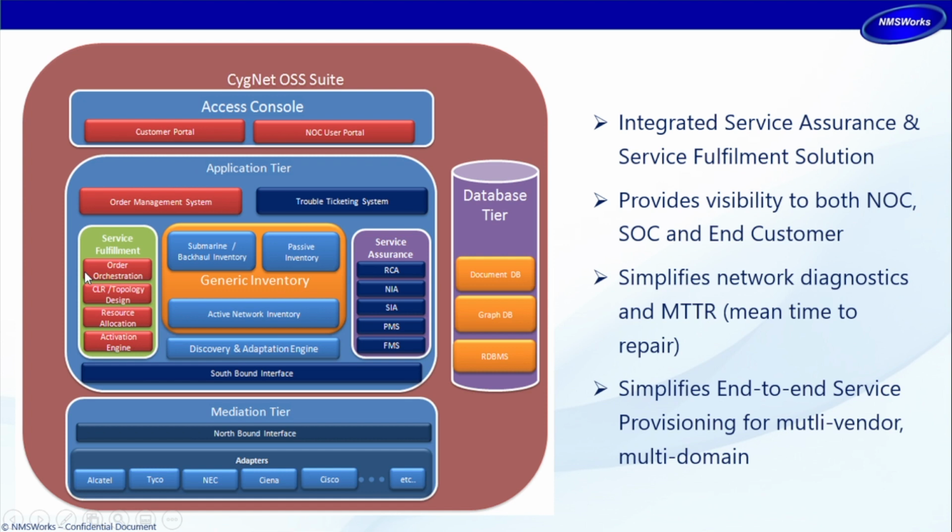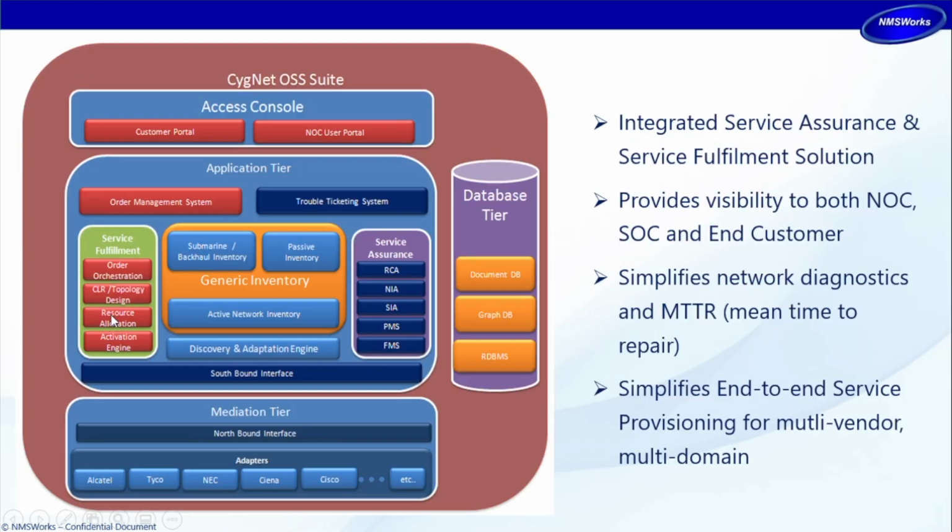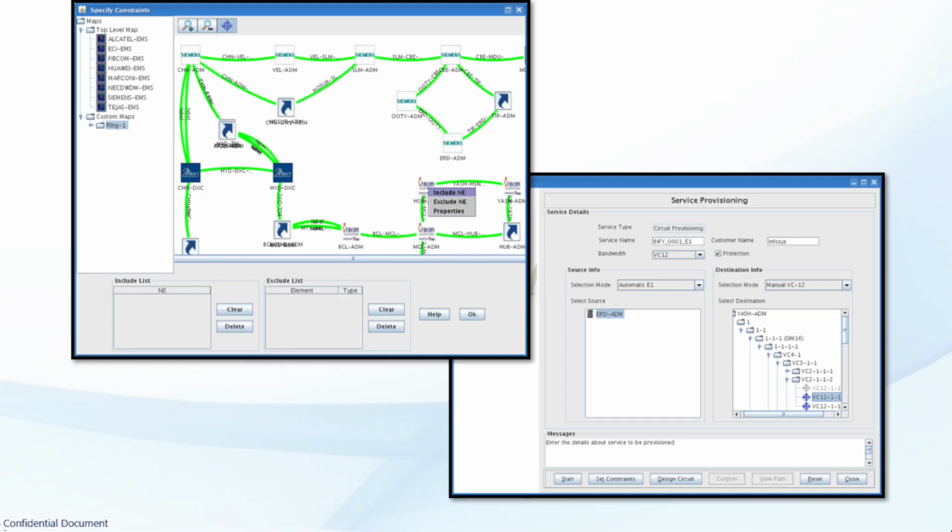The service fulfillment stack contains various functionalities like order orchestration, which takes care of orchestrating the order across various domains, dividing the order into multiple domains for a service that traverses across multiple domains and technologies. The CLR or topology design module provides the path computation functionality for computing the path within each of those domains, and the resource allocation engine takes care of allocating the resources and reserving them for provisioning in the network.